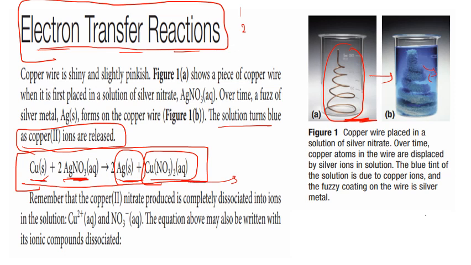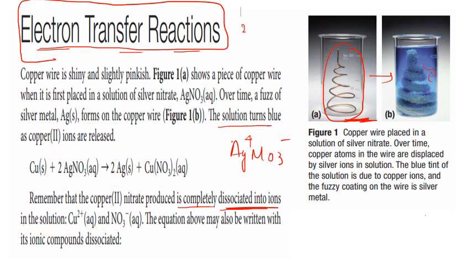Now let's break down this equation into the ionic form, because when anything is in the aqueous state, for example AgNO3, it can dissociate. The copper nitrate produced is completely dissociated into ions in the solution.